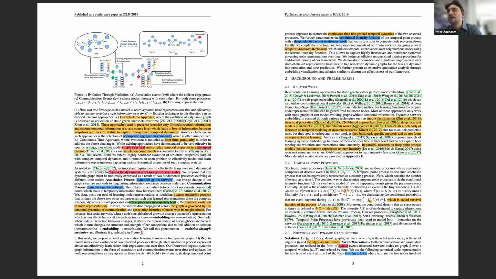And you describe a temporal point process by its intensity function, lambda of t, which is a stochastic model of the rate of happening events given the previous events. So lambda takes into account the history, the times at which events have occurred in the past, and it will tell you the likelihood of an event occurring in the future. There are two components to lambda. Lambda itself is the conditional probability of observing an event in the tiny window t to t plus dt.